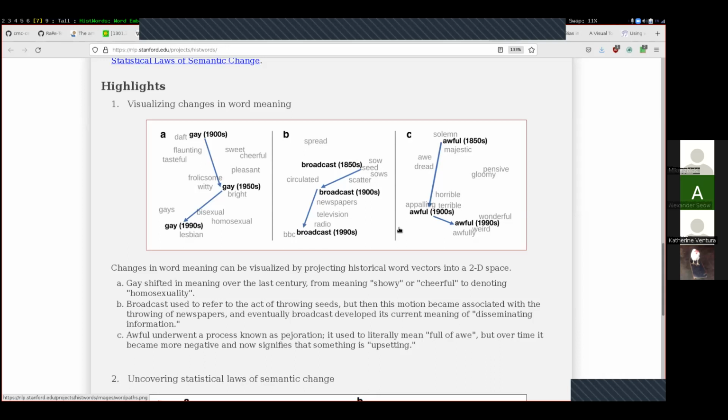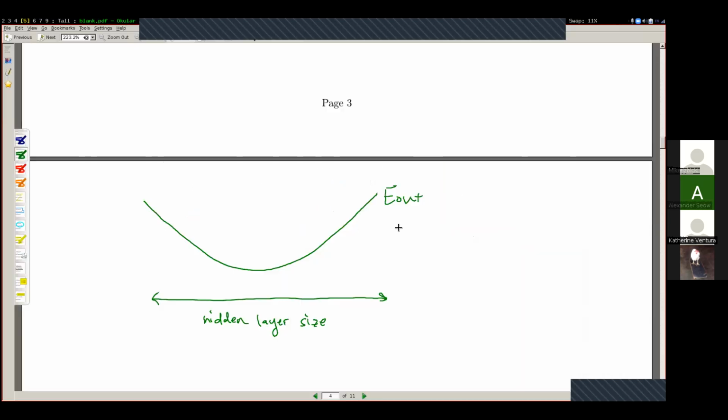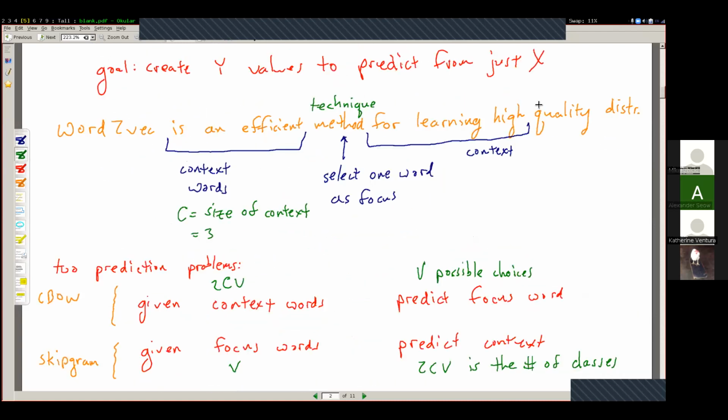Another thing that people are particularly interested in with word vectors is that they encode information about text documents, and they happen to encode a lot of racial and sexual biases that certain words carry with them.